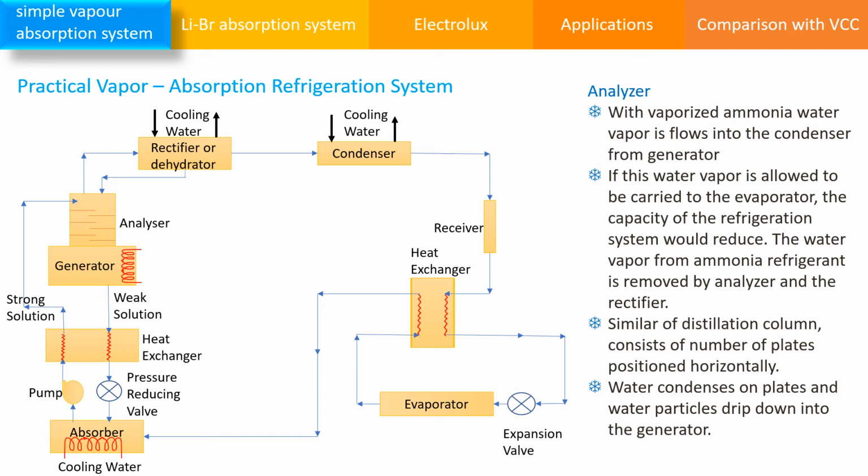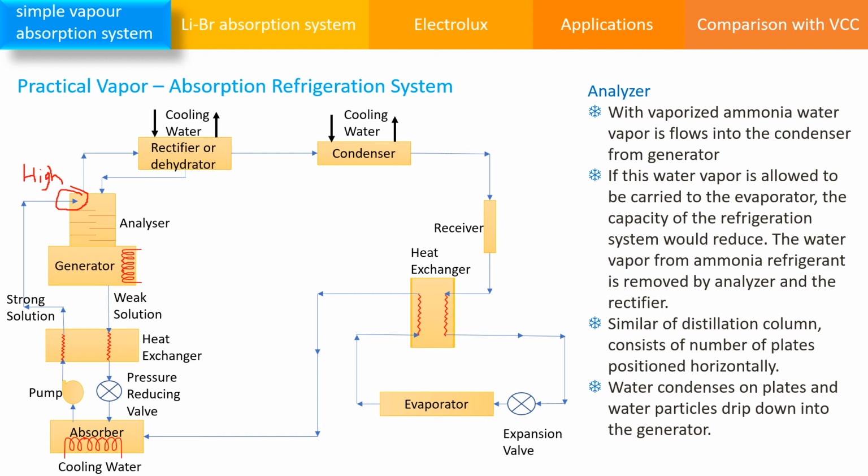Here the strong solution is already at higher pressure due to the pump and additional heating in the heat exchanger, which we will explain afterwards. So at this point there is a high pressure, hot solution, and some ammonia vapor is already leaking out of this. So this ammonia vapor passes through the rectifier to the condenser.